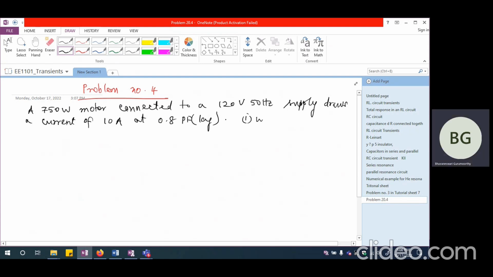First question is, what is the efficiency of the motor? That is the first question.